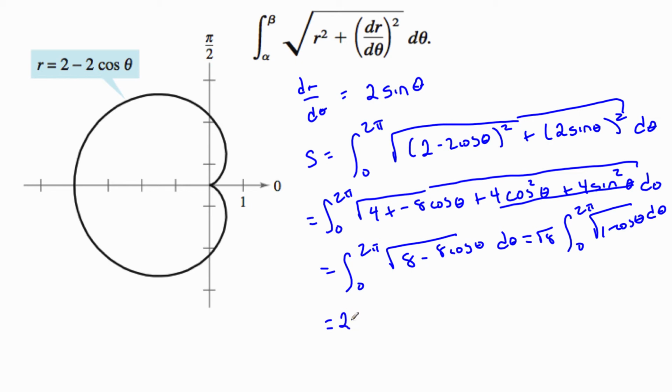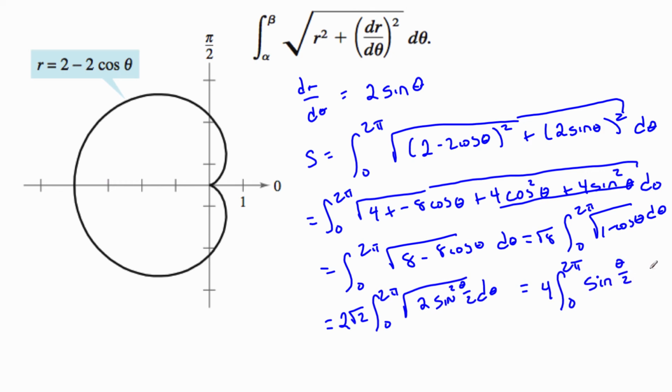So this is 2 root 2, integral from 0 to 2 pi of, let's see, 1 minus cosine theta becomes 2 sine squared theta over 2 d theta. All right, so when I simplify this down, it becomes 4 times the integral from 0 to 2 pi of sine theta over 2 d theta.